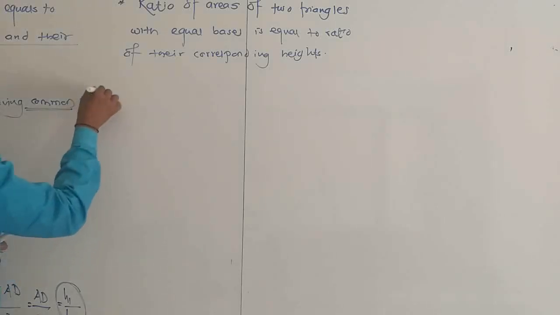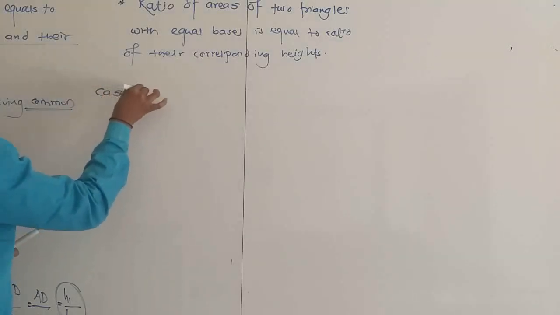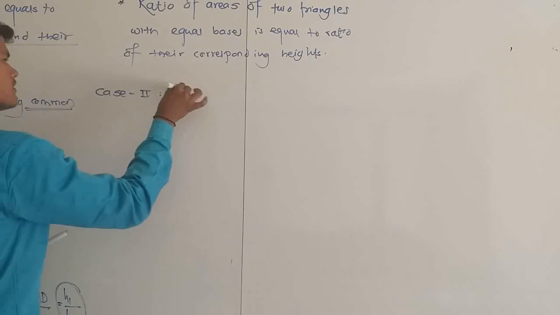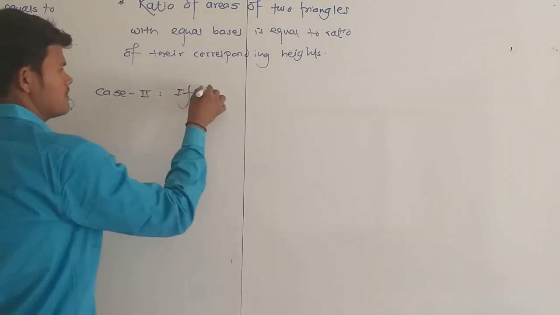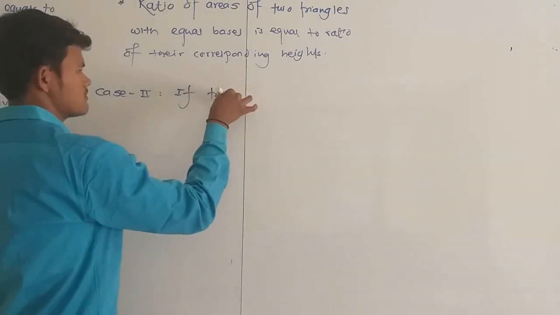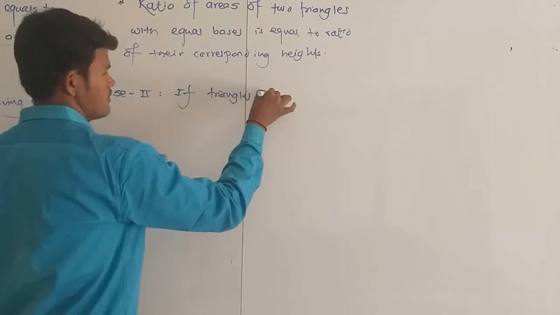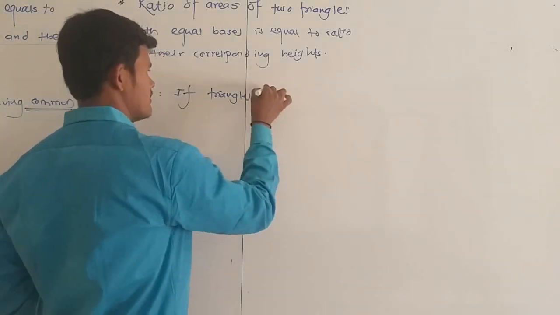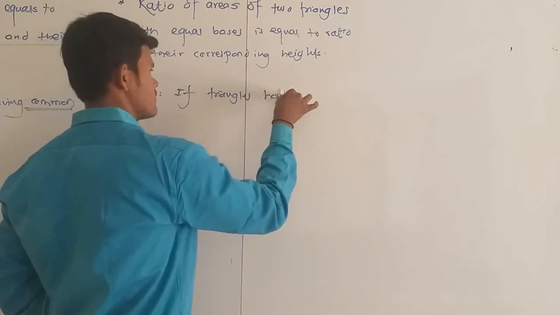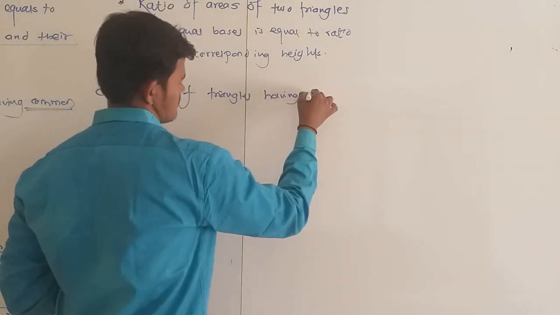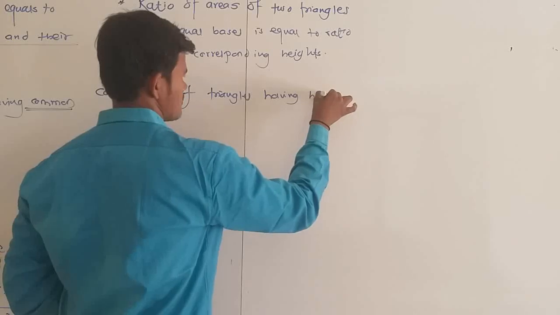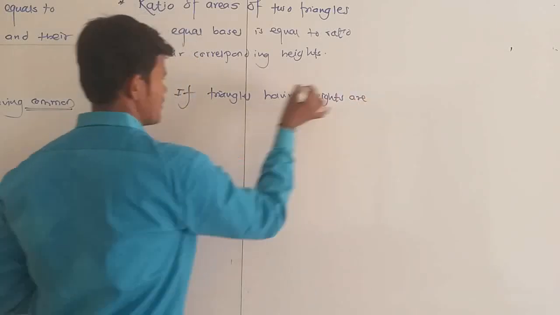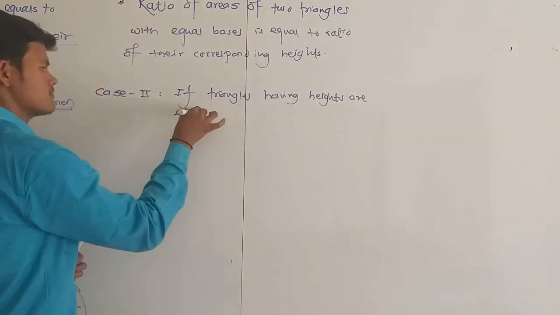Now case number 2 is: triangles having equal heights.